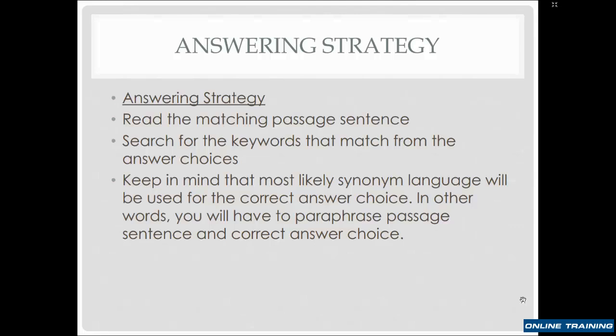You might have to read the keyword sentence and also the next sentence in the passage to get your answer choice. Because sometimes an answer choice might be a combination of two sentences. It might have information from two sentences. It happens sometimes.